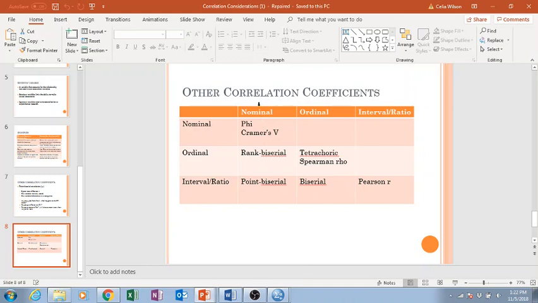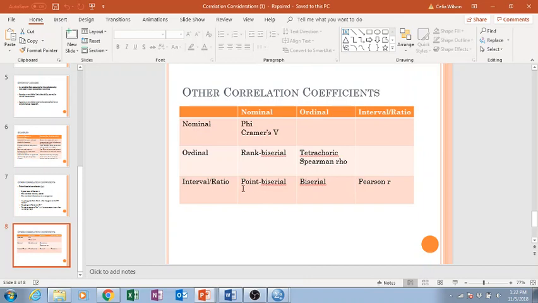But say you had gender and a pass-fail on some assessment variable. You could correlate those, but we would not call it a Pearson R anymore. We would call it one of these two. Okay, does that make sense?